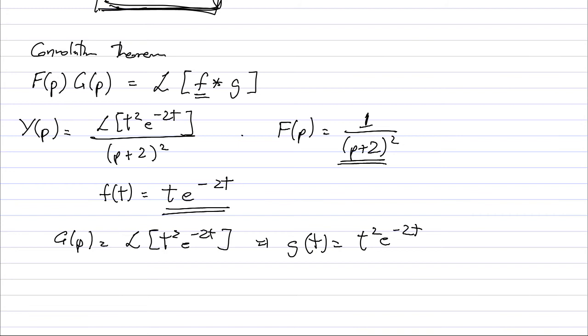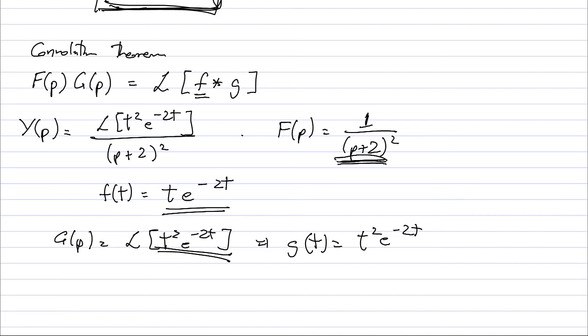One of those is trivial, as you saw in this example. The other might be more complicated, but it's still, in general, easier than the inverse transform of the product of capital F and capital G. That's what the convolution theorem is useful for when you're looking to find the inverse Laplace transform.